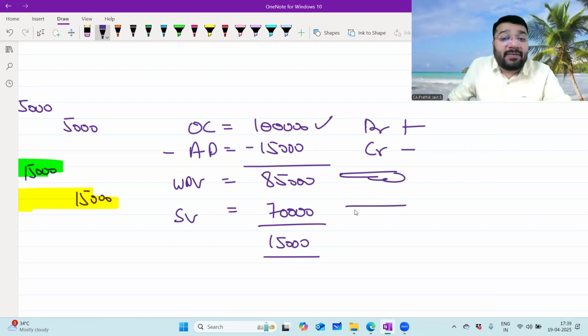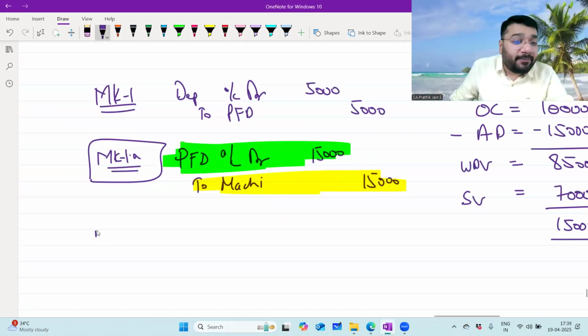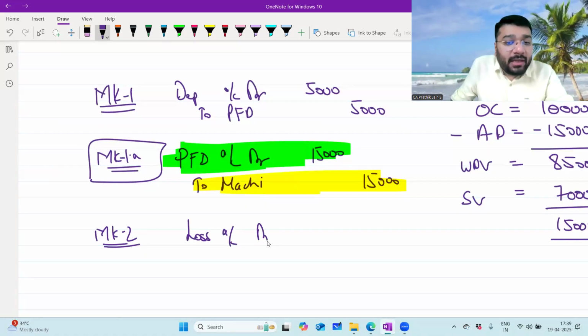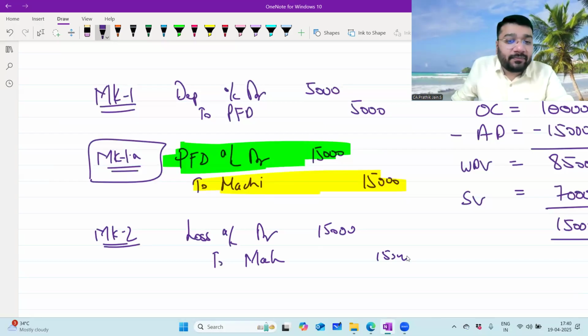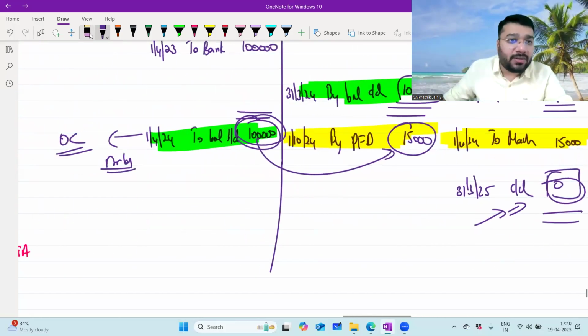The money that you're going to receive is how much? 70. So now you have to match this with this, so as to reduce the value of the asset by 15,000. So what is my monkey 2 entry? Loss account debit to machinery account. How much? 15,000. So in the machinery account, by loss.